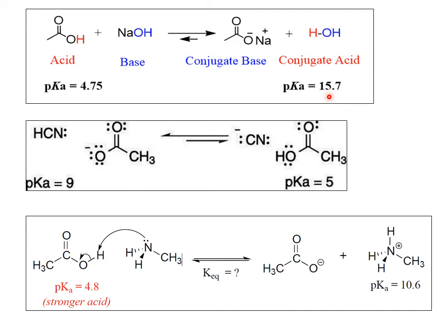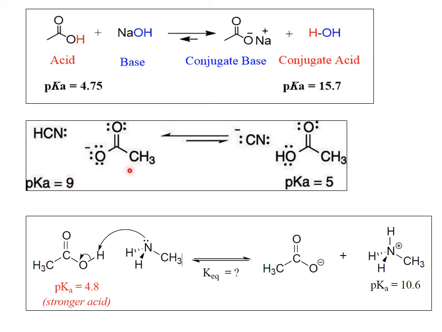Which is the stronger acid? Okay, remember from the table that if the pKa is a small number, it is a stronger acid. And so the direction will be going to the right. Going to the right.